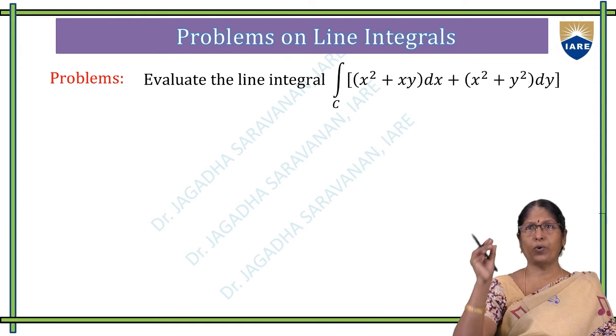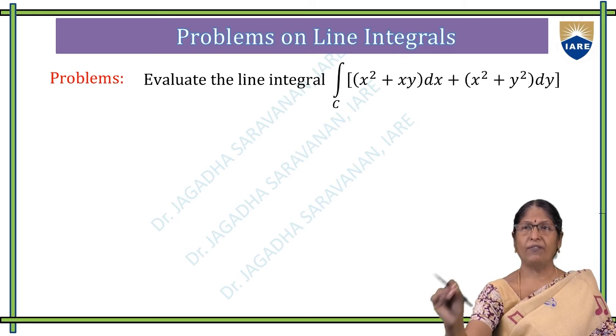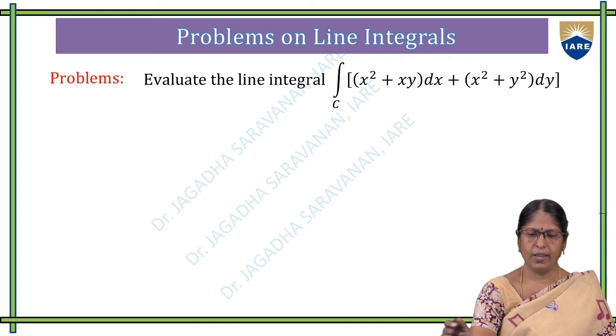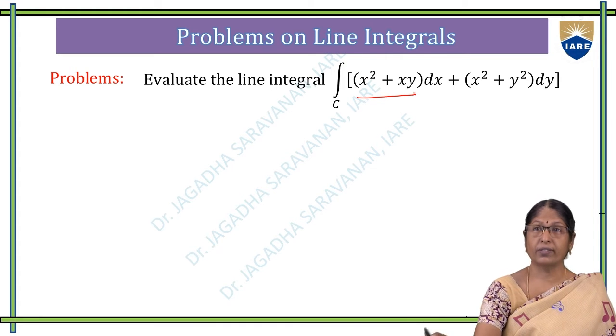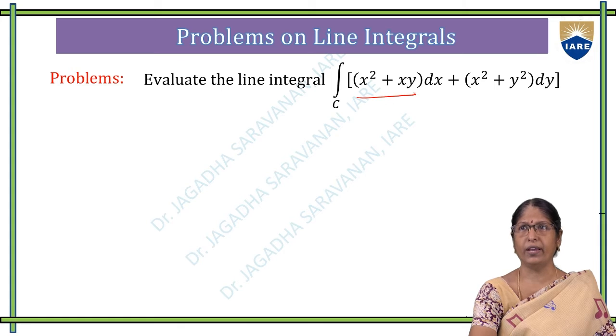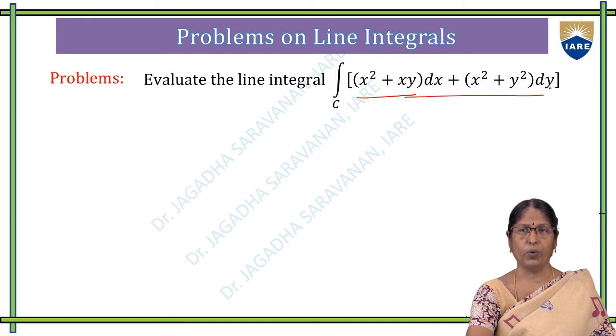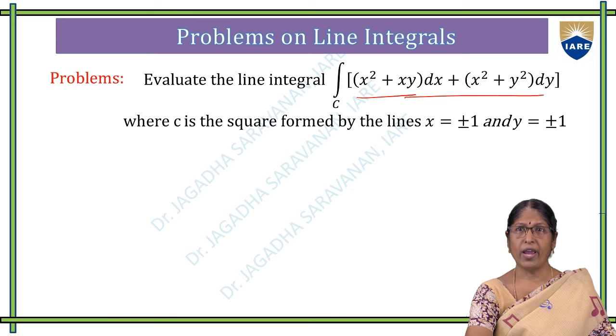So the next problem we will move to: evaluate the line integral, that is the integral over C of (x square plus xy) dx plus (x square plus y square) dy. This is our given function, where C is the square.